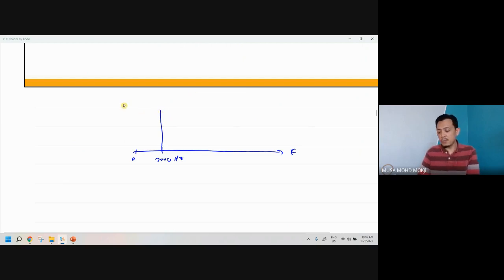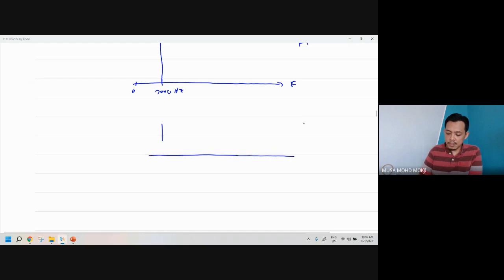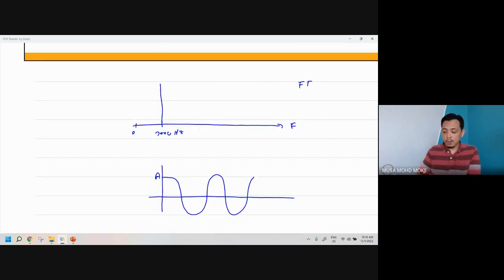Previously, if you do a Fourier transform, which is a transform for continuous time signals, whenever you have a signal like this, let's say this is a cos with amplitude A, then in the frequency domain, X(f), what you should get is A over 2. So this is the amplitude.